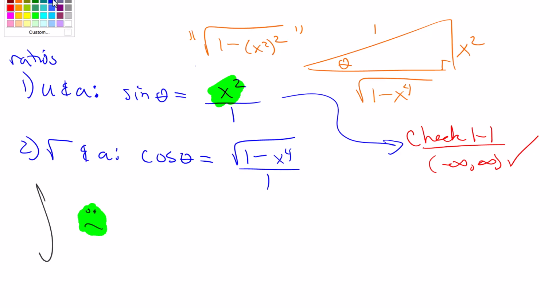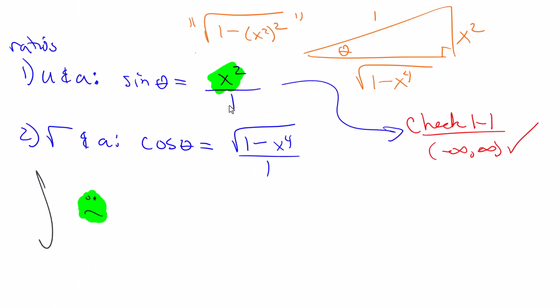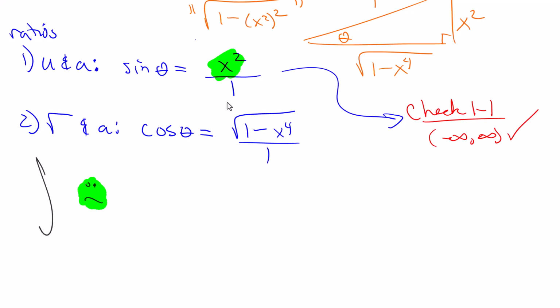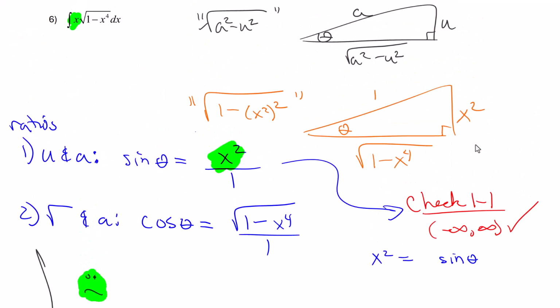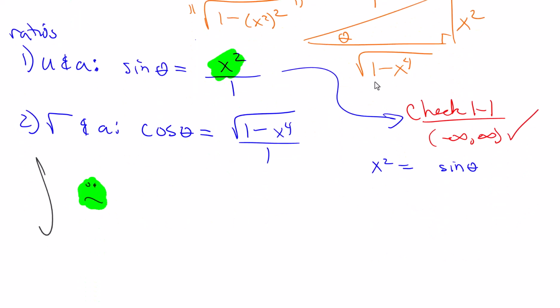But then secondly, in order to get around the difference between the x squared we're seeing and the x we'd love to replace, let's do the following. I'm going to write this ratio as x squared on the left equals sine theta on the right. And as we're used to doing, I'm going to take the derivative of both sides. Remember, we have to be able to replace the dx somehow. We don't have it yet.